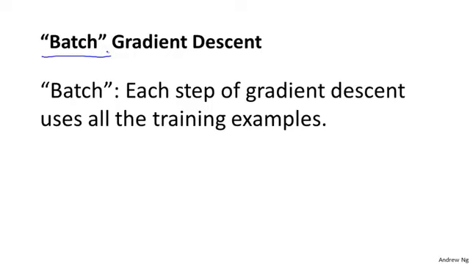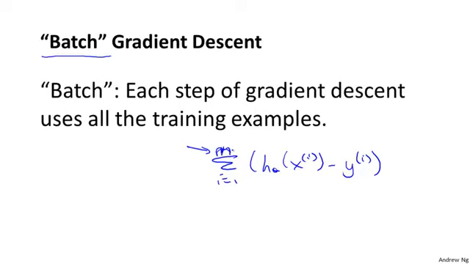When computing derivatives, we're computing these sums, so in every step we compute something like this that sums over all m training examples. The term batch gradient descent refers to the fact that we're looking at the entire batch of training examples. Again, this is maybe not a great name, but this is what machine learning people call it.